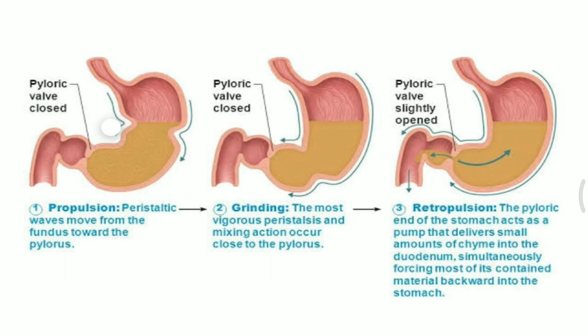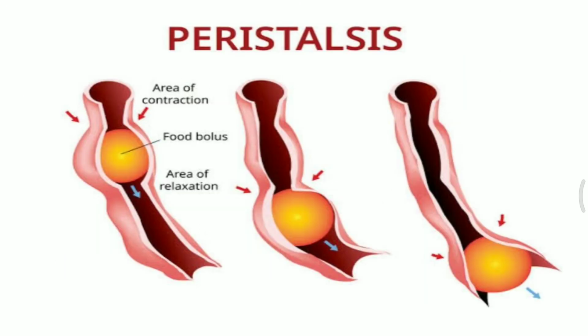Now, let's again look into the peristaltic phase. We have already discussed how the food is moving from the esophagus till the stomach. Now, the next important thing is that all these circular rings are placed one after another in a continuous fashion.